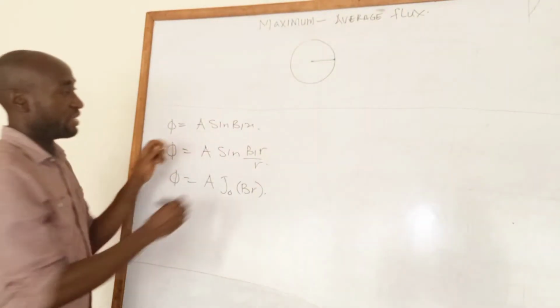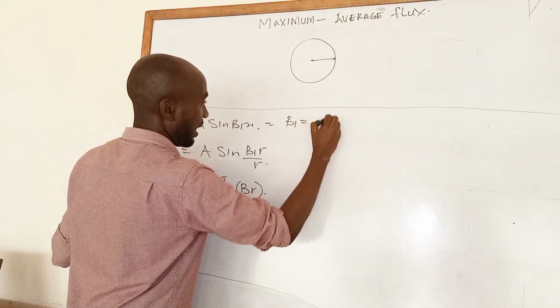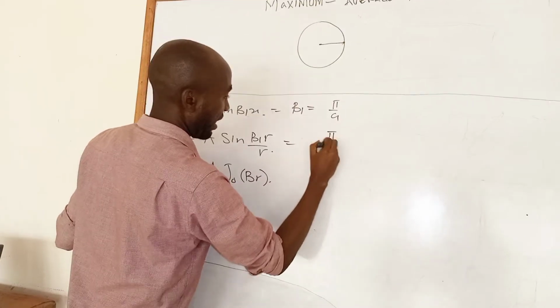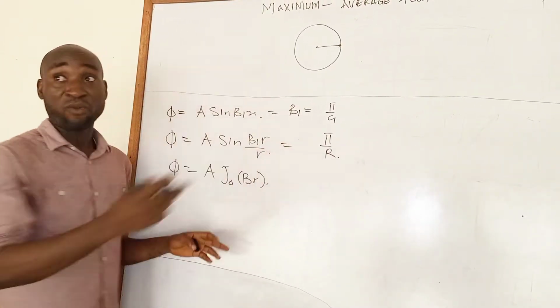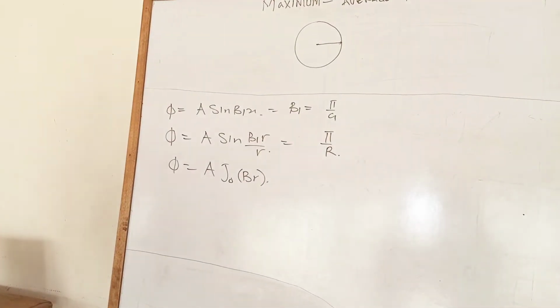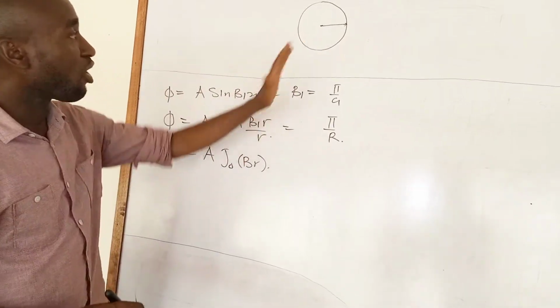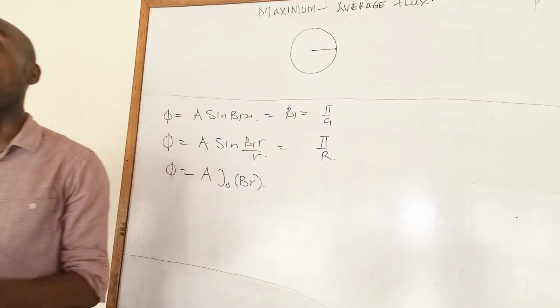The B1 here is pi over a. This one is equal to pi over R. And we have this one to be 2.405 over R and all those things. One thing about this is that you will discover that in all these geometries, the flux at the center always has the maximum.